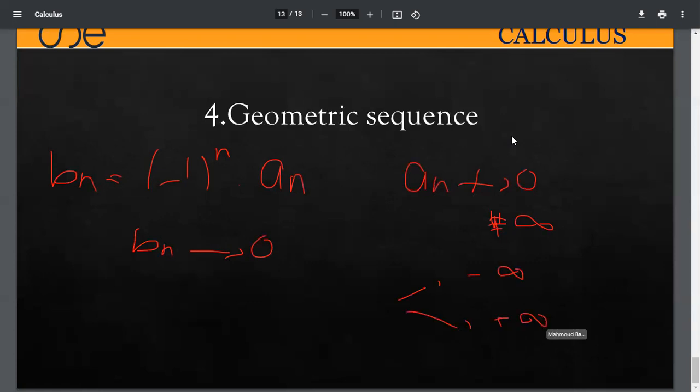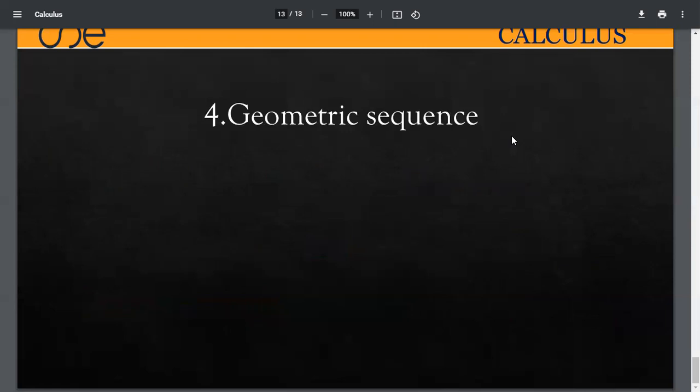In case it's constant, it will be like plus c or minus c. So in all cases, if the limit is not equal to 0, the limit will still be undetermined, and hence the sequence will be divergent. So if a n does not tend to 0, then the sequence will be divergent. Sorry, this was a very long lecture. I hope you enjoyed it. I hope you are benefiting from it. Thank you. Study well.